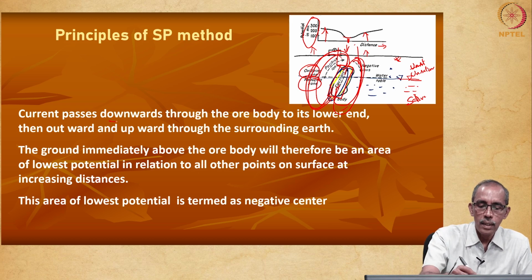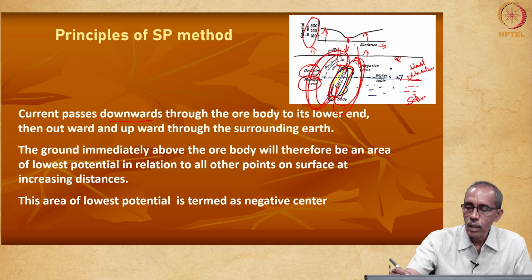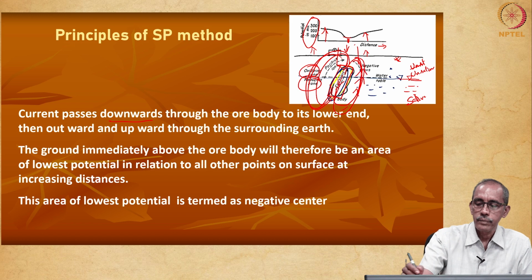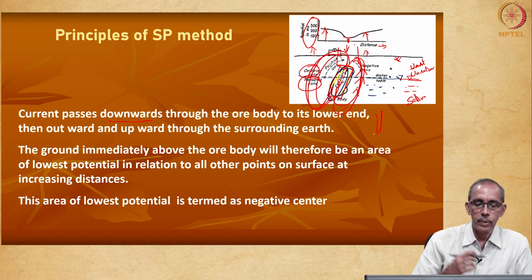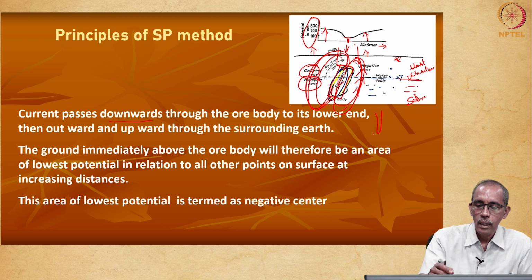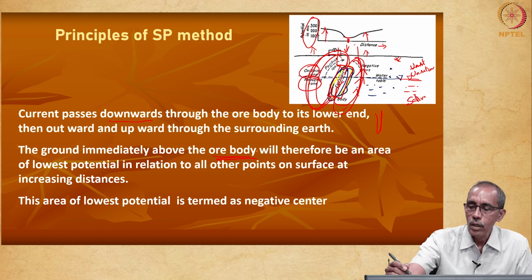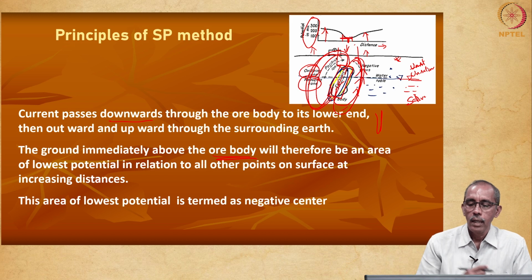Current passes downward through the ore body and passes upwards outside the ore body, in this direction. This is what I have put up here. Due to this, the ground immediately above the ore body has the lowest potential. This zone has the lowest potential compared to the sides.